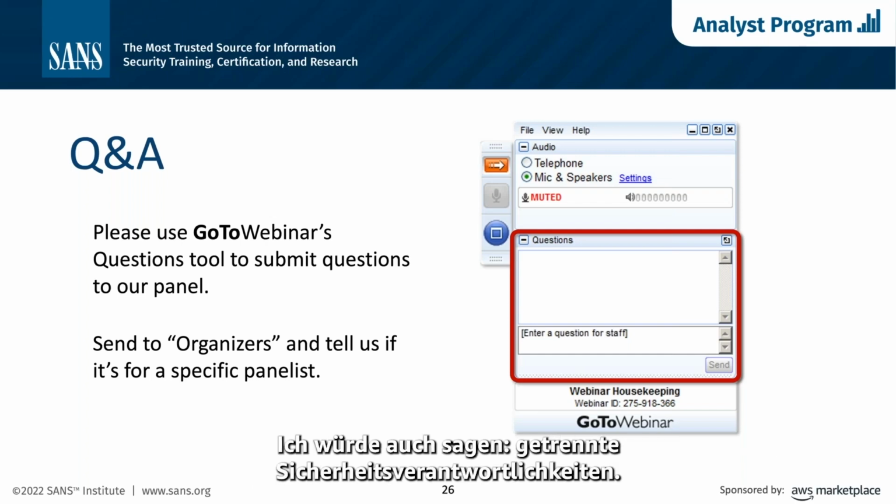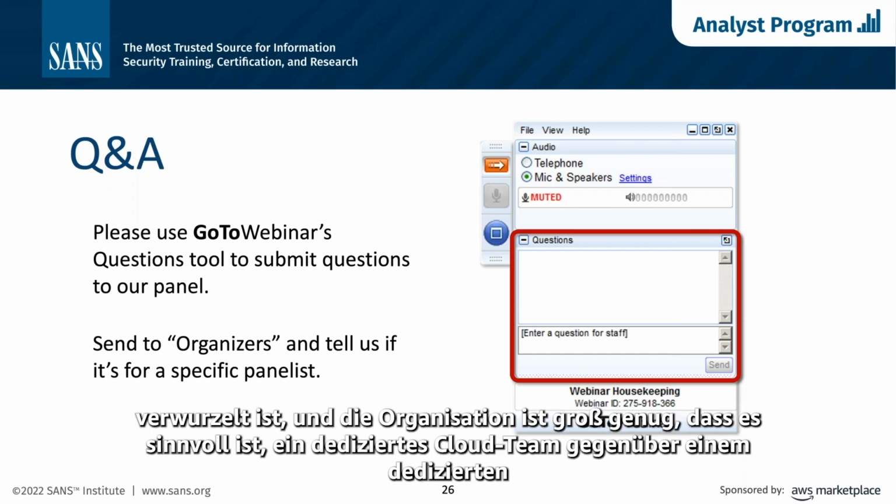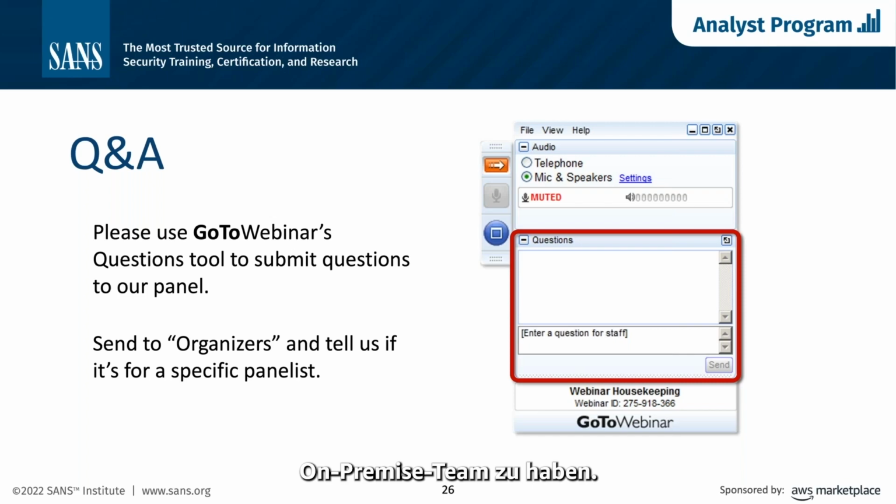I'd also say segregated security responsibilities. If you've got a team dedicated to cloud that works with the development team and is very well rooted there, and the organization is big enough that it makes sense to have a dedicated cloud team versus a dedicated on-prem team, I'd say so.